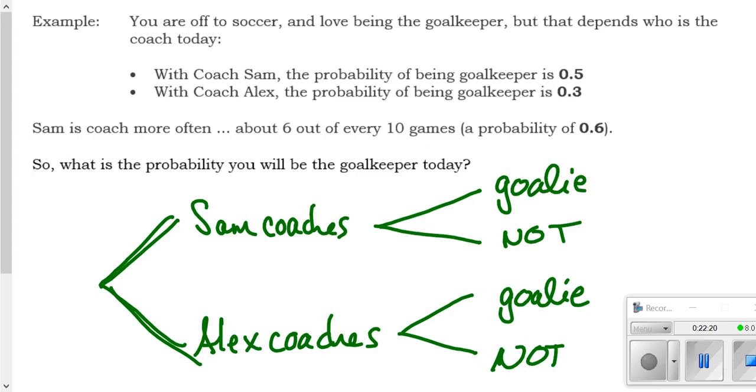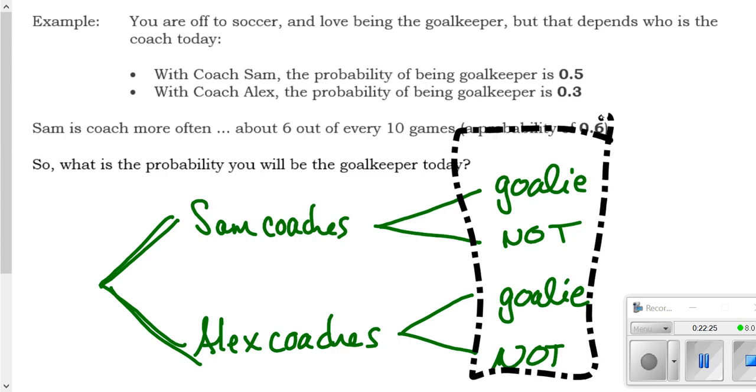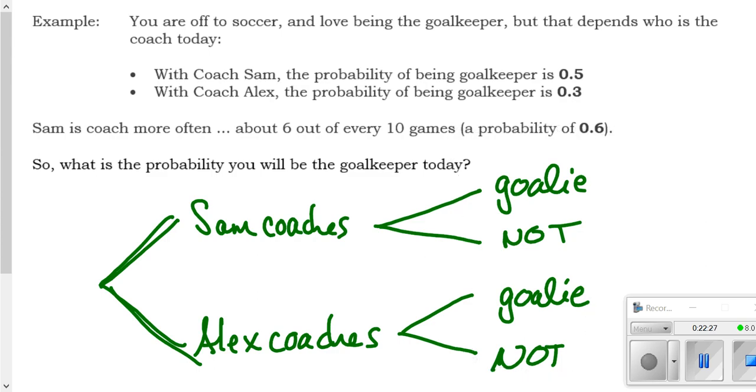I want to emphasize that this tier of branches has to do with the choice of goalie. The first tier of branches was the choice of coach. The second tier of branches was the tier of goalie. If there was another decision to be made, I'd have another tier of branches.